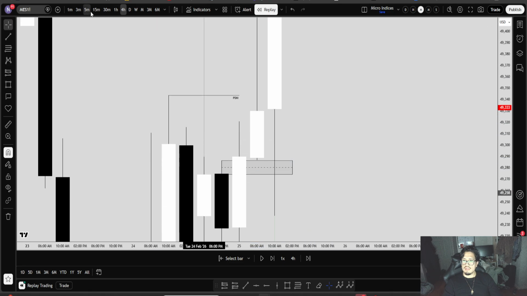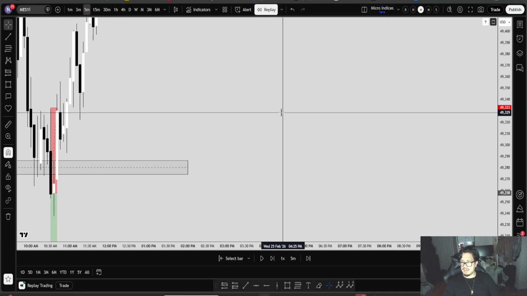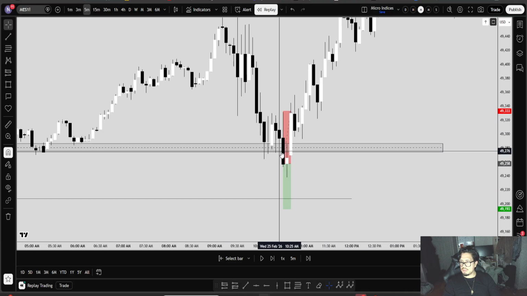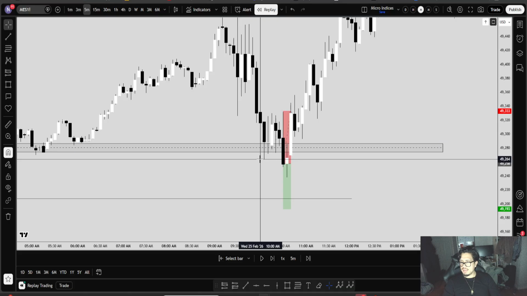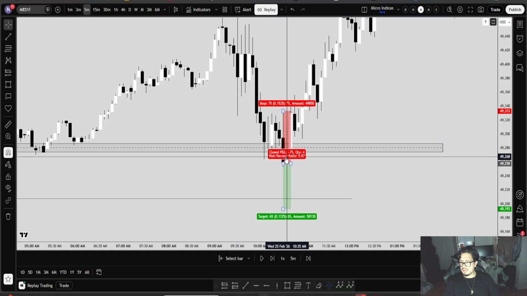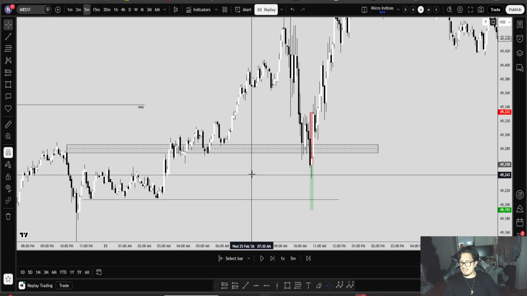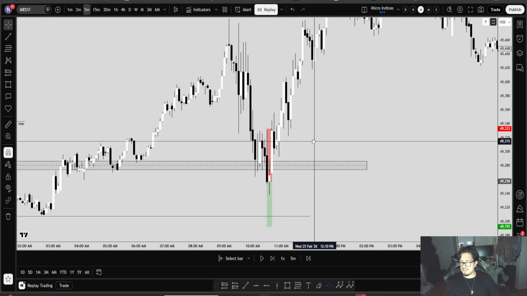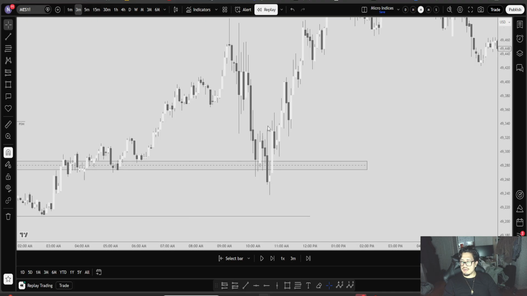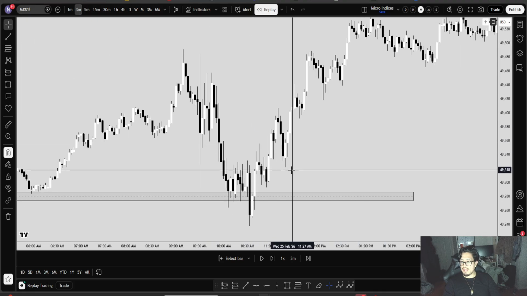Okay, this gap said it all. You can see how we did close below it, which is all right, but again, just because we closed below it doesn't mean it is a confirmed reversal. Again, you can clearly see that we expanded much higher, and then we were able to get that change in the state of delivery for the buy side.